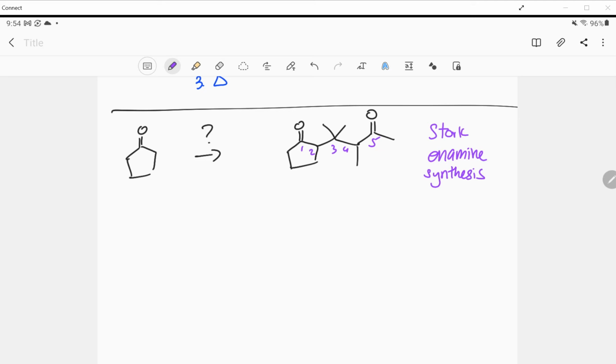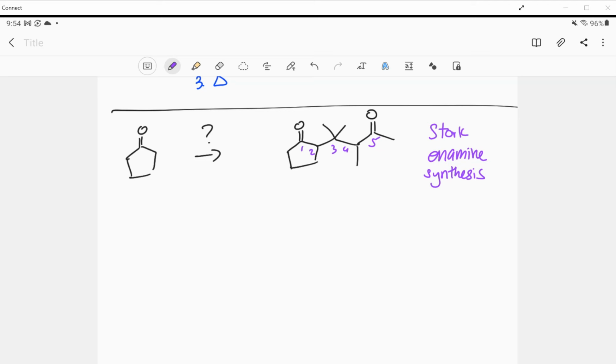And remember that a Stork is essentially a Michael addition, except we're using a non-traditional Michael donor. So, because our cyclopentanone here does not have any other double bonds, it can't be the acceptor. It has to be the donor.